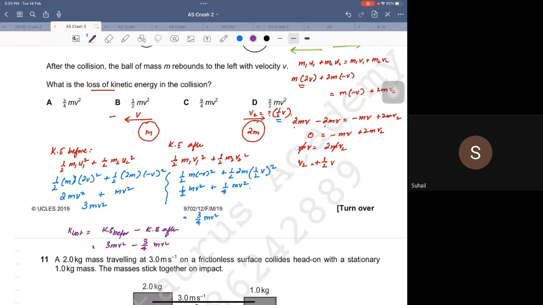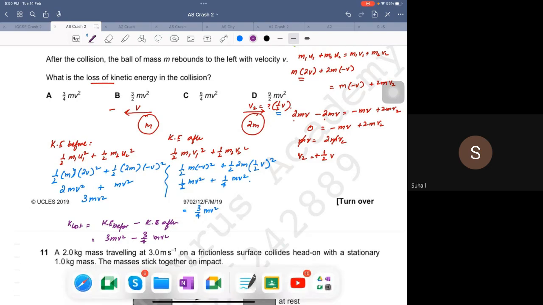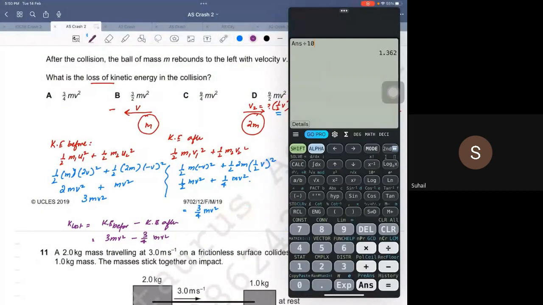Okay, what's that? 2.25. Okay, you guys, please help me with that. 3 minus 3 by 4. 2.25, 9 by 4. So that has to be this answer.